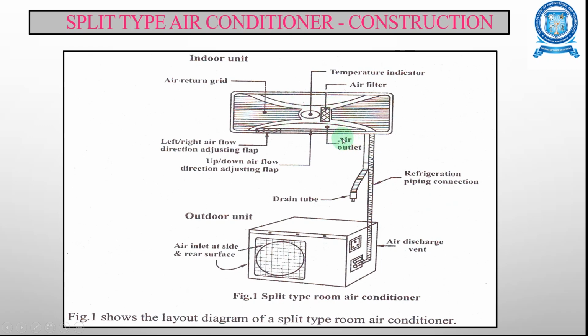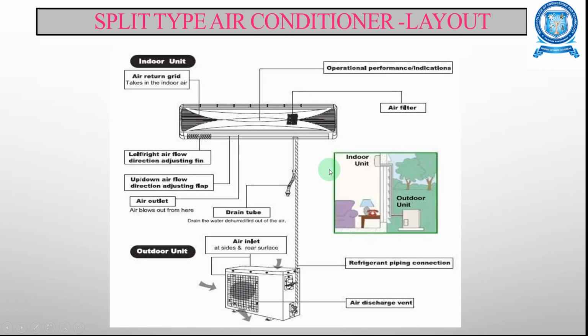You have an air filter here, an up and down airflow direction adjusting flap, and a left and right adjusting flap, and these are all the air return kits. This is another layout of the indoor and outdoor unit of the split type air conditioning system.